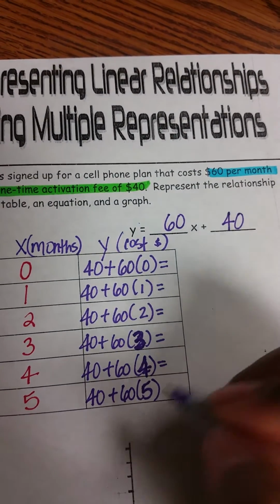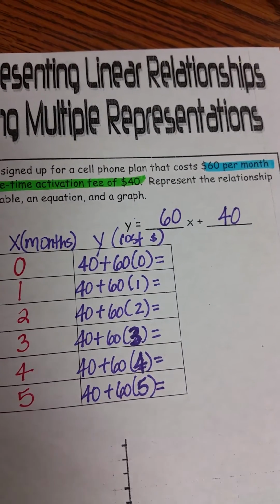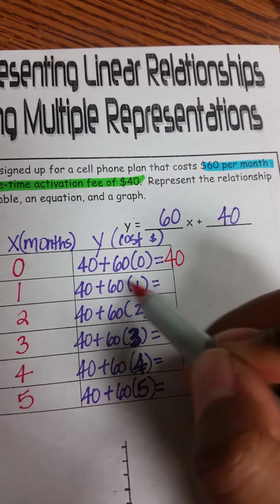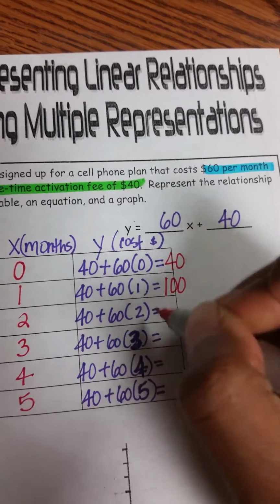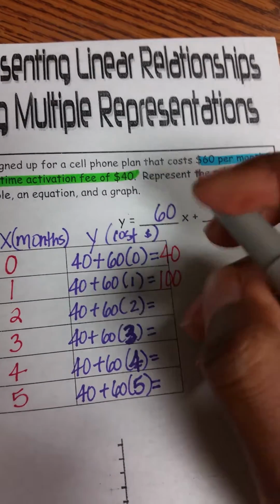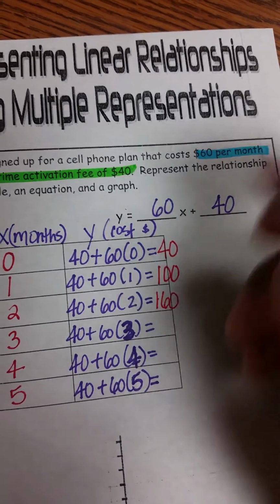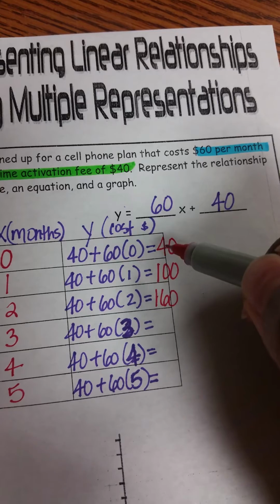Once I do all that, I'll get my answers here. 60 times 1 is 60 plus 40 will give me 100. 60 times 2 plus 40 would give me 160. 60 times 3 plus 40. Excuse me, I'm messing this all up.